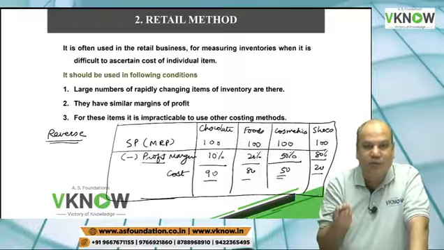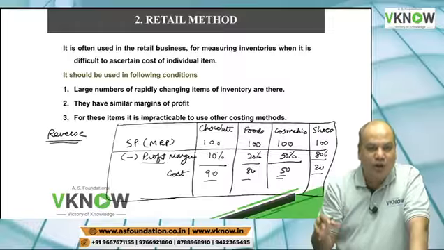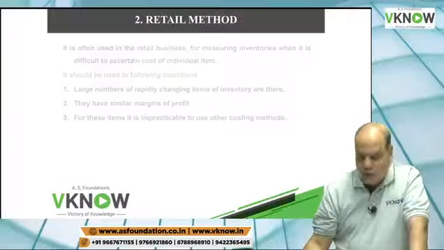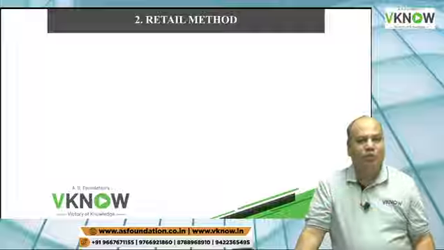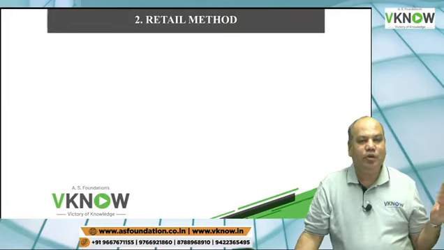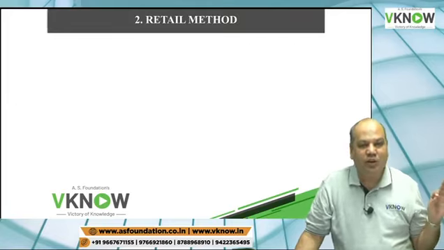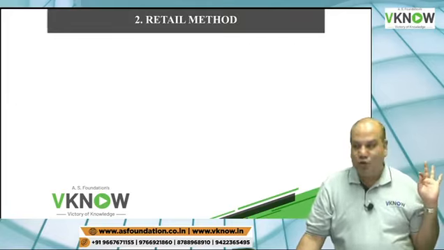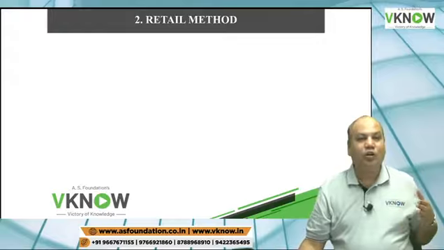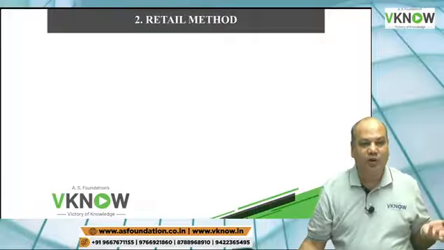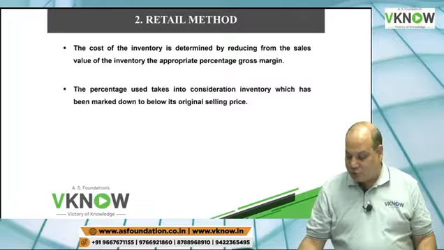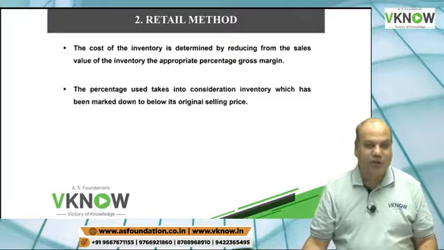So the moment you buy one Kit Kat chocolate, one Kit Kat stock will go down from their inventory. So it has become an outdated method now, because everybody maintains some kind of software to manage their inventory. And if you are using software to manage your inventory, then you can calculate the cost by FIFO or weighted average method, and then you cannot come to the retail method anyway. So I have explained what was written.